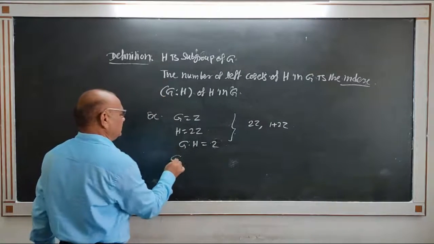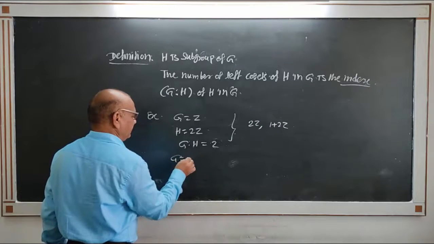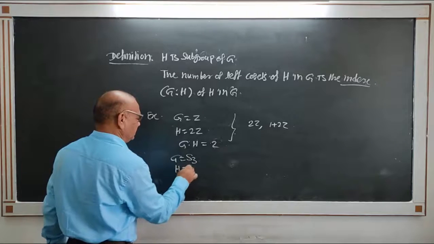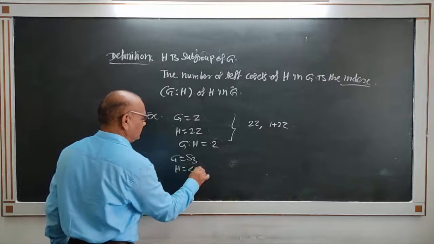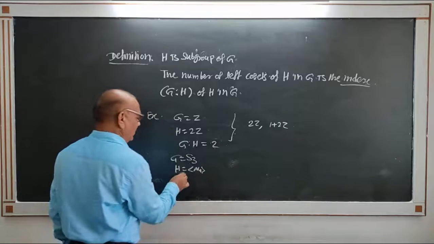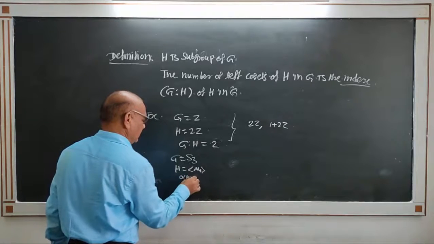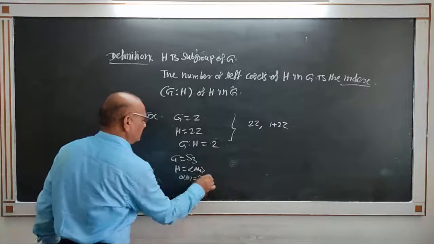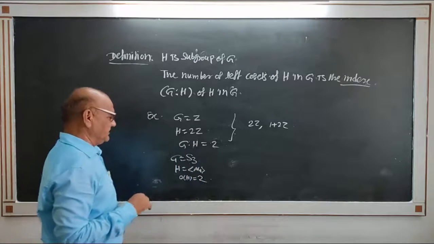If you take G equal to S3 and H the subgroup generated by mu1, the order of H is 2 and the order of G is 6.